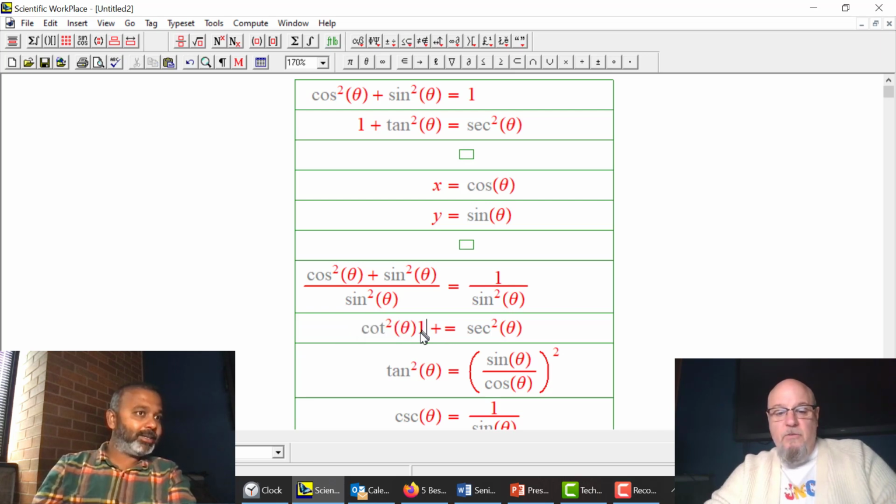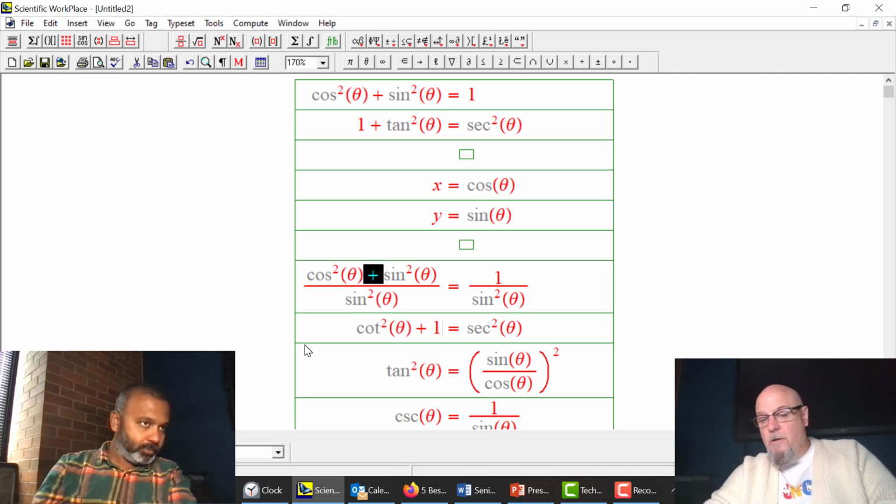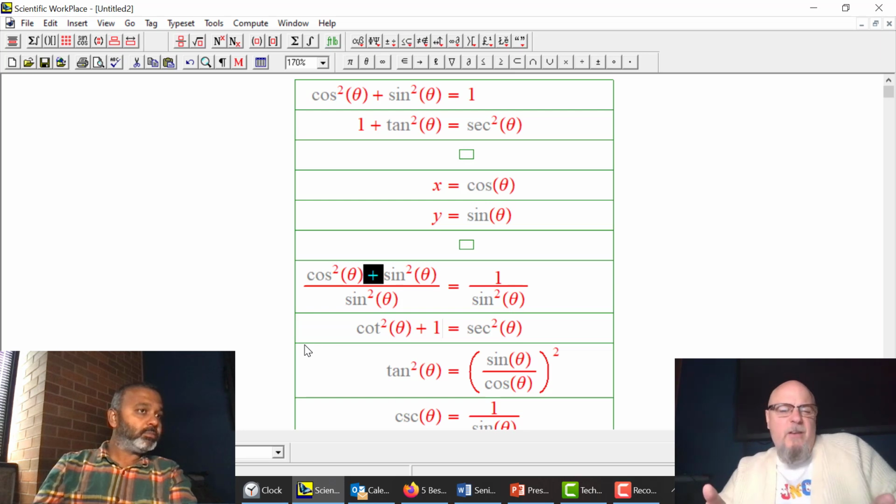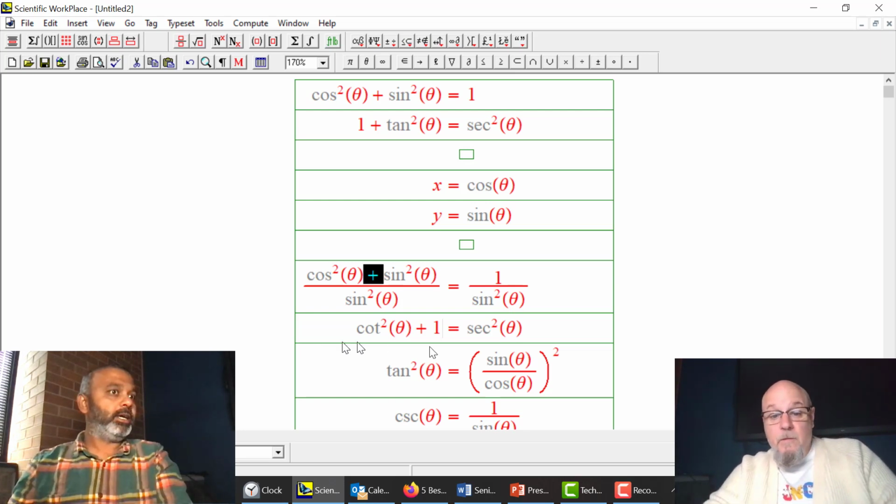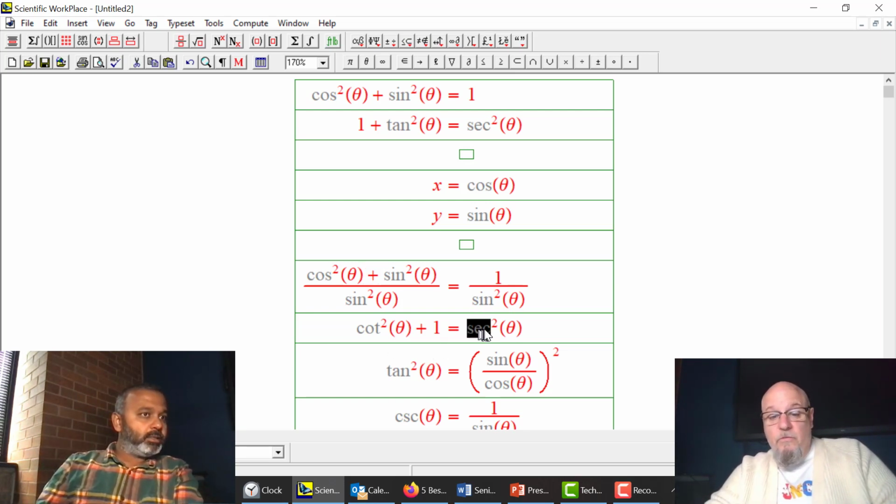And then sine squared divided by sine squared is the 1. So I'm again dividing by the cos. It's like undoing common denominator, I guess. And instead of 1 over secant squared, this will be cosecant squared, because 1 over sine squared is cosecant squared.